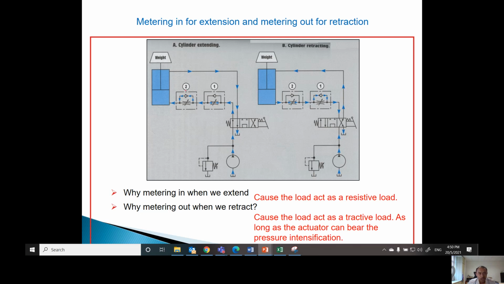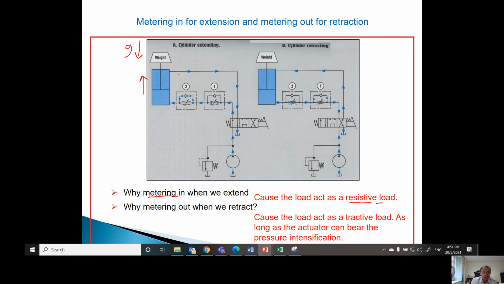If you simulate this circuit on paper, you can see that during extension, the flow is going through this side, in this direction. But the weight is always acting downward due to gravity. So during extension we have resistive load, that's why we have to use meter in.